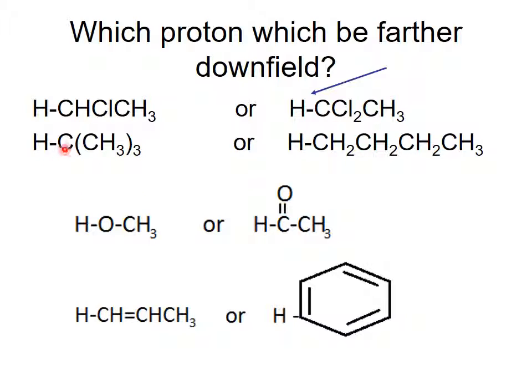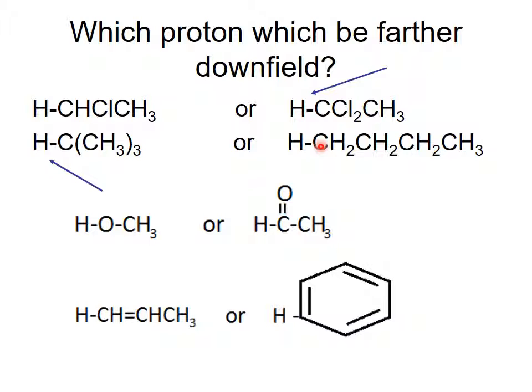In this structure, we have a tertiary hydrogen, and here we have a primary hydrogen. Which one's going to be more downfield? The tertiary hydrogen will, because carbons are more electron withdrawing, and we see this slightly downfield.